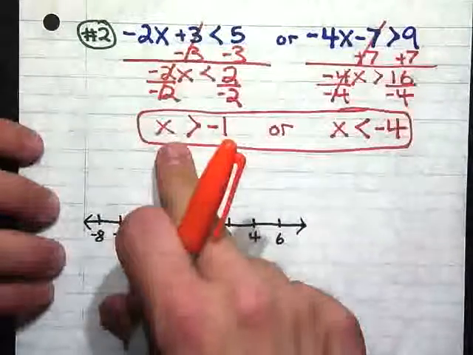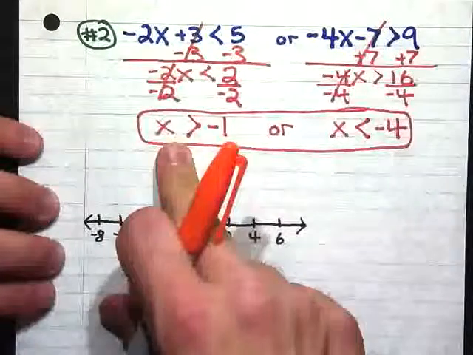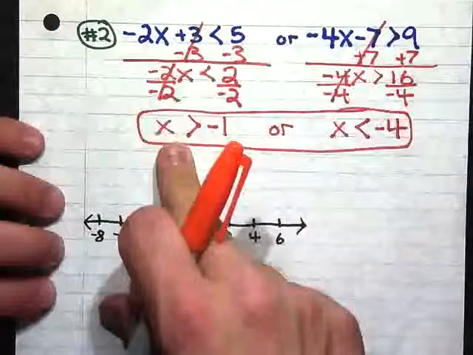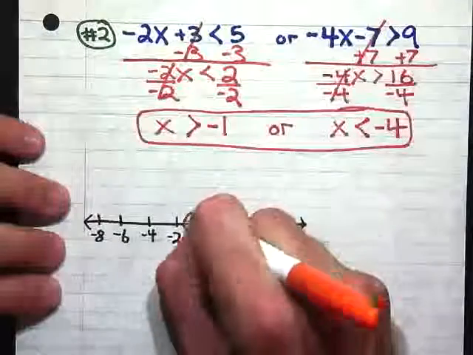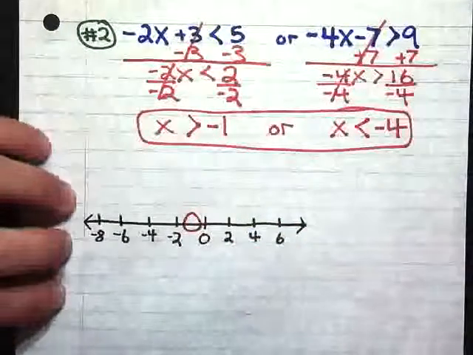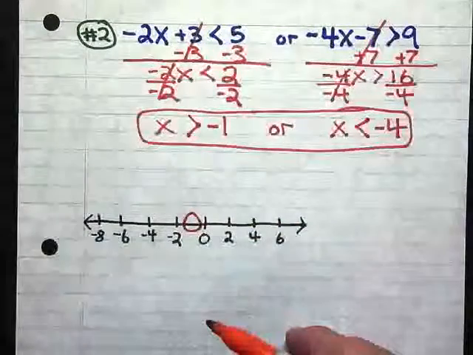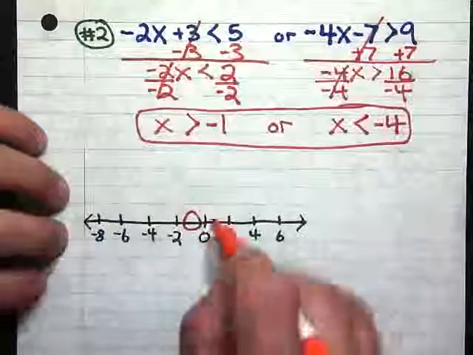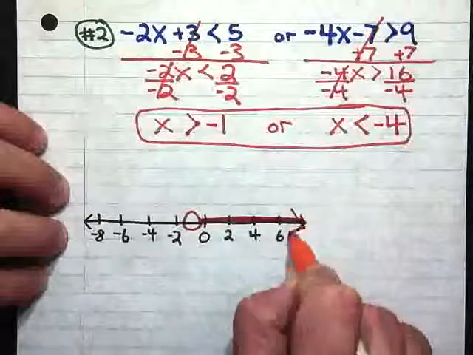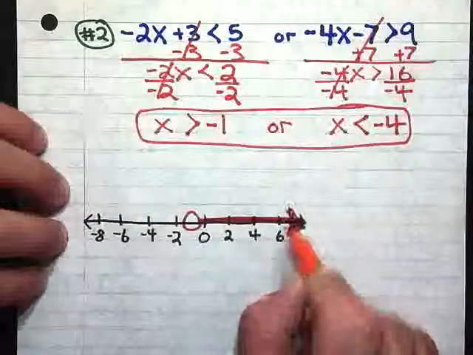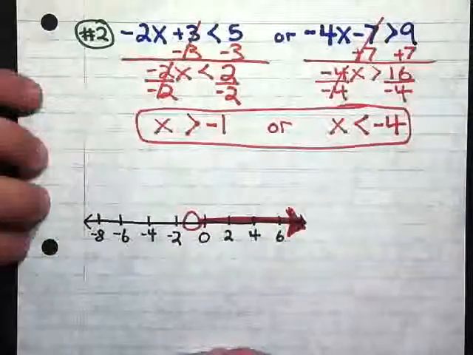Starting with our first one here, x is greater than negative 1. Because it's greater than, we're going to use an open circle at negative 1. And because x is greater than that, it's going to be all the values to the right. So there's the solution to that one.